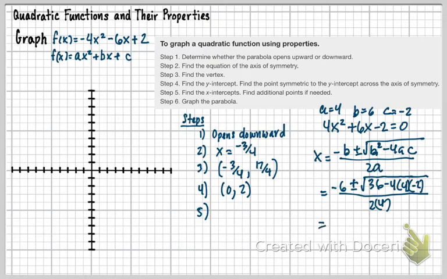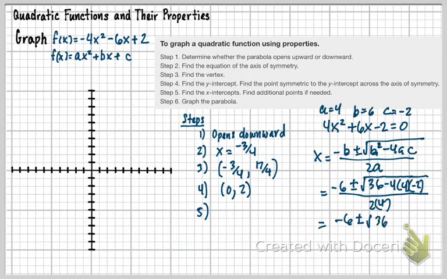All right, so now we're just going to clean this all up here. So this is going to be -6 plus or minus the square root. And notice here that that's going to be 16 times 2, which is 32, and they're both negative. I have 2 negatives here, so that's going to turn into a plus.